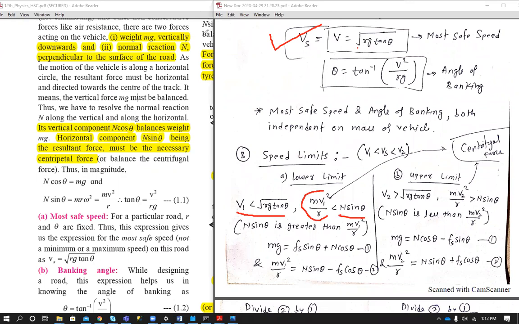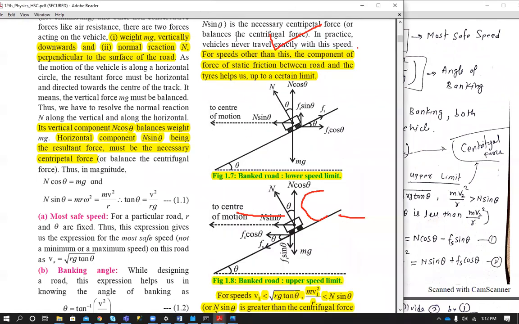Let's see in the diagram. In this case, the speed of the vehicle is less than the safe speed, which means the vehicle will remain on the inner side of the road, on the inner edge. It will move towards the inner edge.